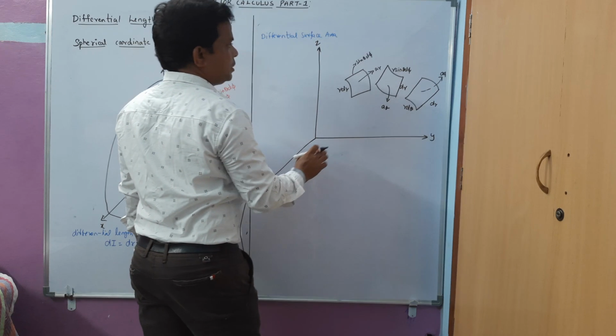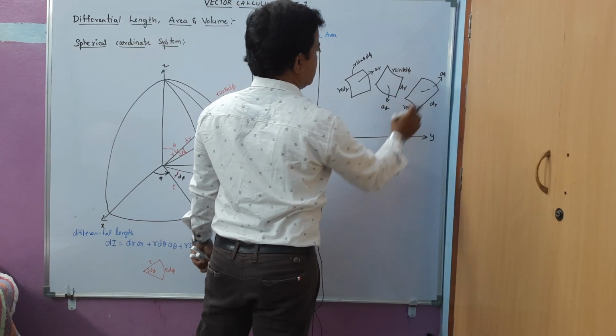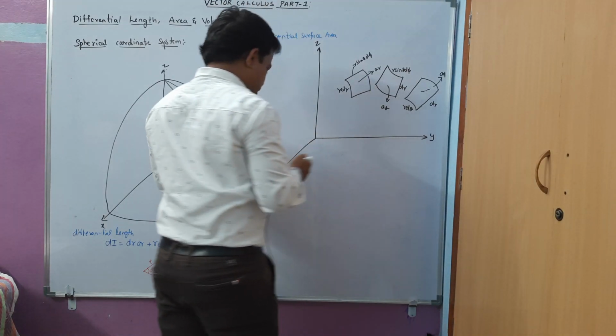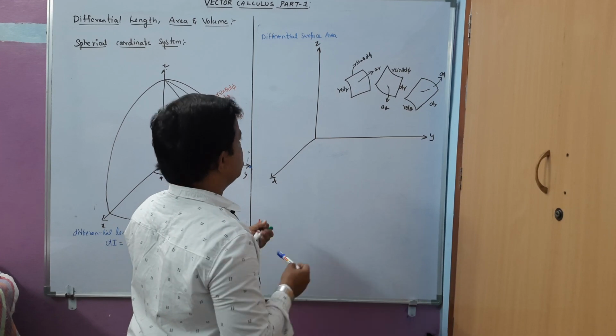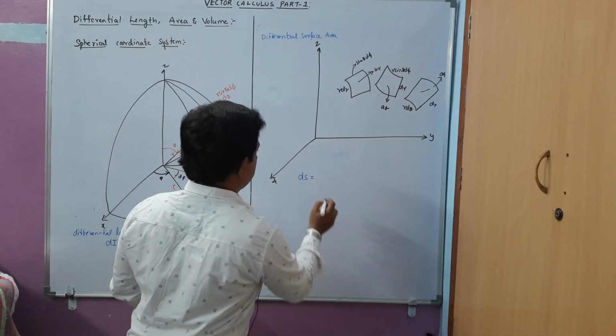Now you can observe that we have A_R, A theta and A phi, so three unit vectors and three elemental surface areas. To write the differential surface area ds, we just take the products.